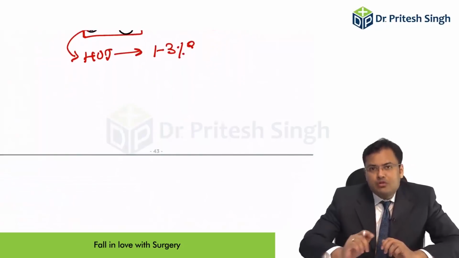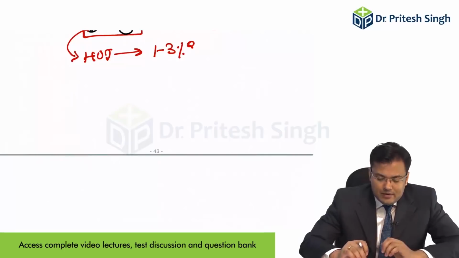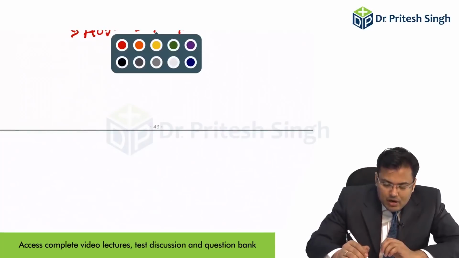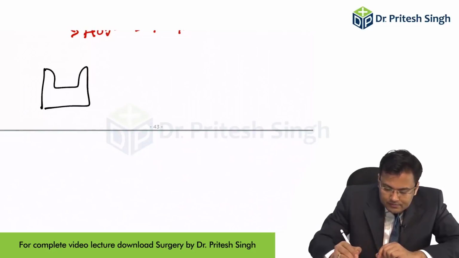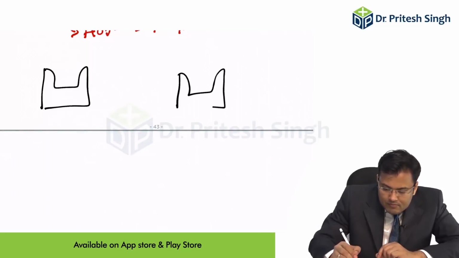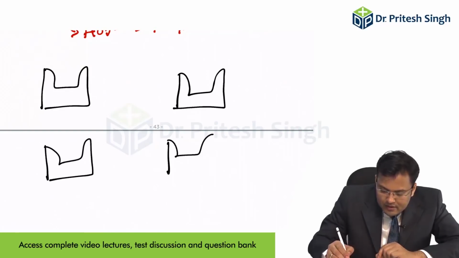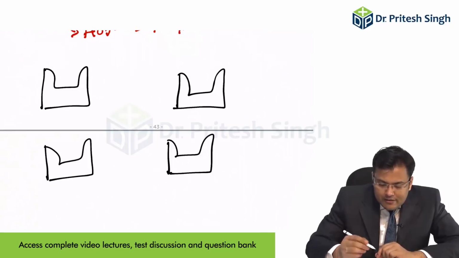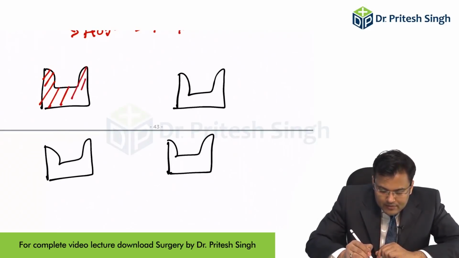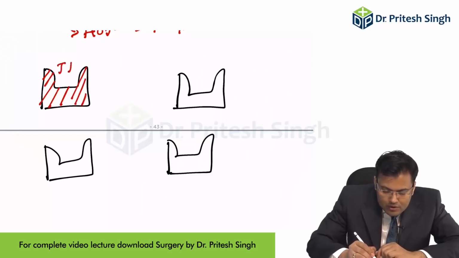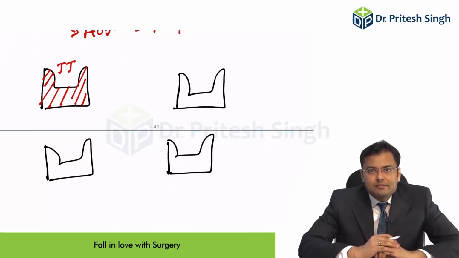After that, I want to tell you what are the types of thyroidectomy. So have a look. Types of thyroidectomy. So this is the thyroid gland. Now you see, in the first, if I'm going to remove the whole thyroid gland, removal of whole thyroid gland, this is known as total thyroidectomy.